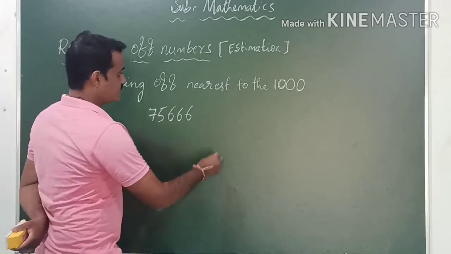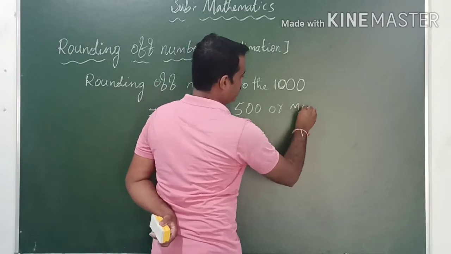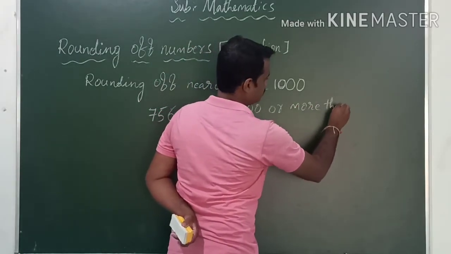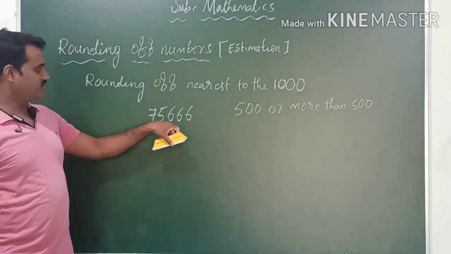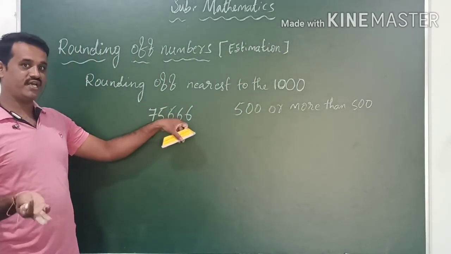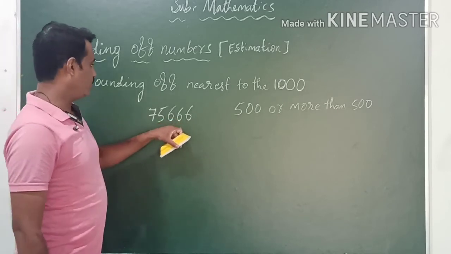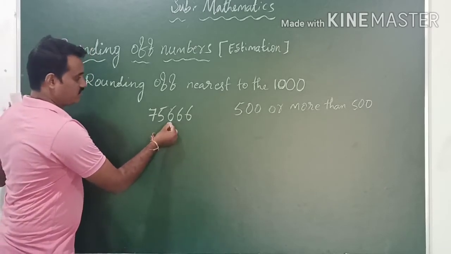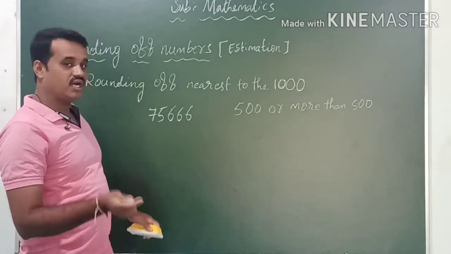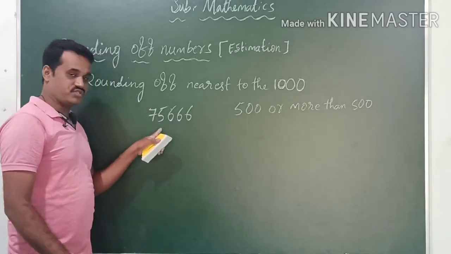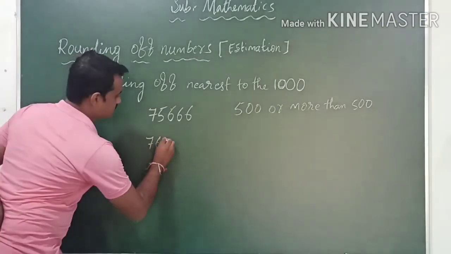If it is 500 or more than 500, 666 is more than 500 or less than 500? It is more than 500. So these three, that means hundreds, tens and ones place will become 0 and add 1 to the 1000 place. That means it becomes 76,000.